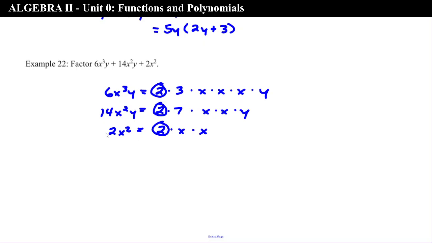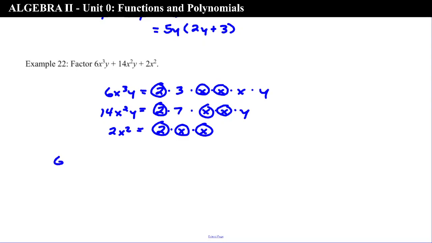And we can't pull anything more than that out because 2 is the smallest of our 3 coefficients. Okay? When you look at x squared and x to the third, well, obviously, we're only going to be able to pull 2 of those x's out. So we're going to be left with 1 in that first term. So we're pulling 2 x's out of each of these, and that leaves that 1x by itself on that first term. You're going to start to recognize these things.